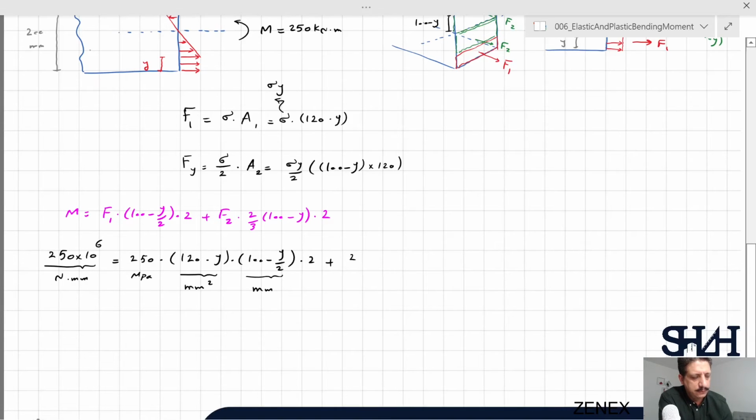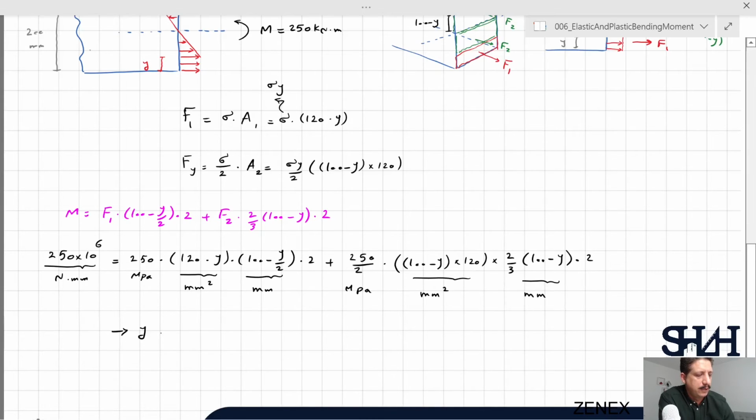Plus F2, 250 divided by 2 megapascal times 100 minus y times 120 millimeter square, times 2/3 of 100 minus y times 2. So the only unknown here is y.